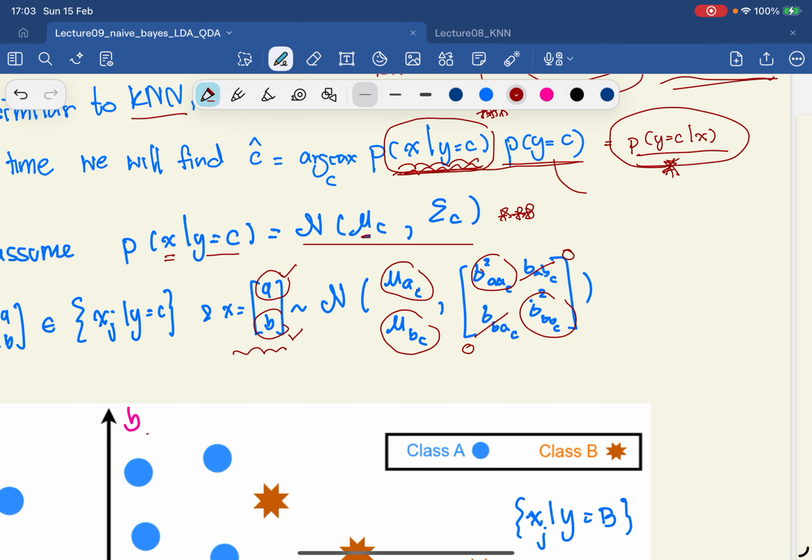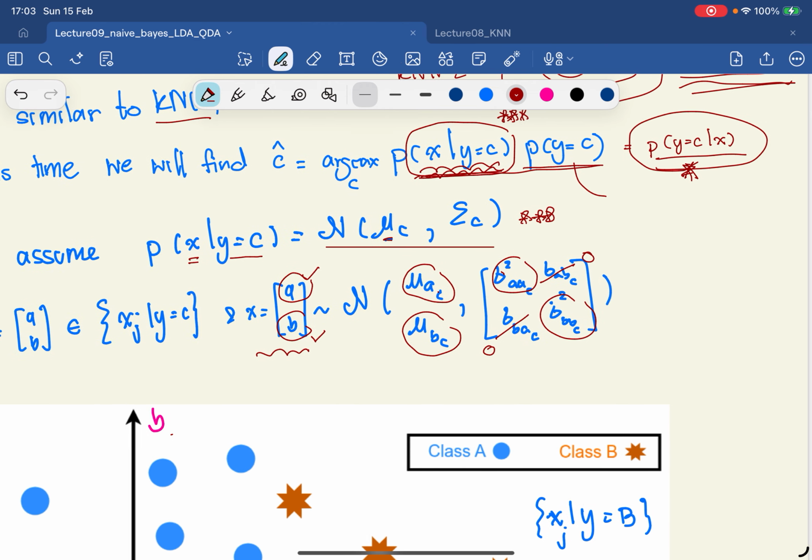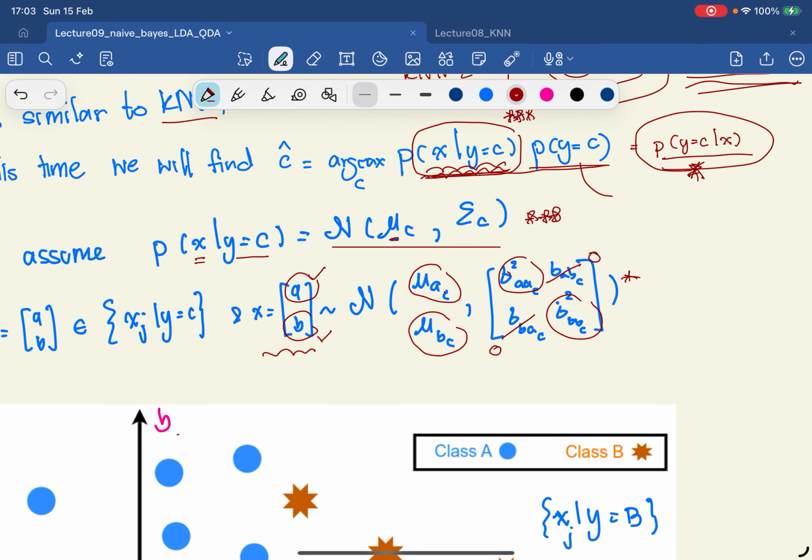So what does it mean? It simply means that we can model the distribution of X, and these X are from a class C, right? If we change the class C, that means we have to have a new model of this Gaussian distribution for another class.